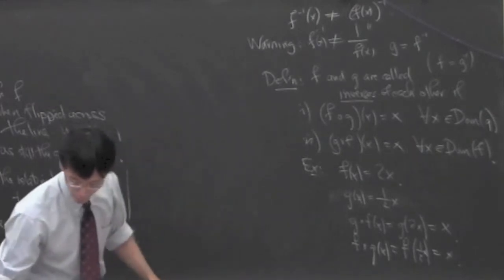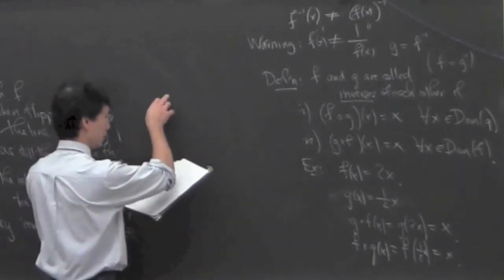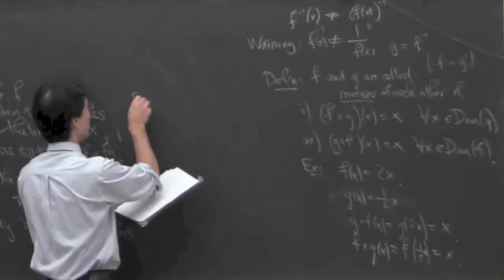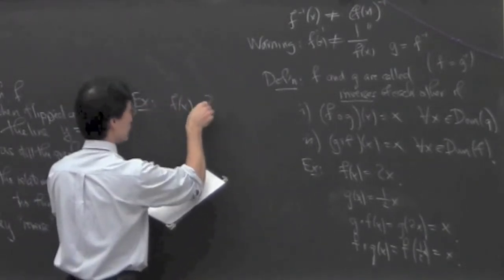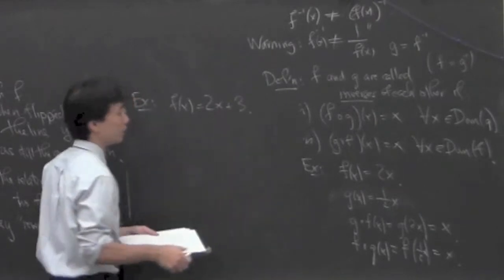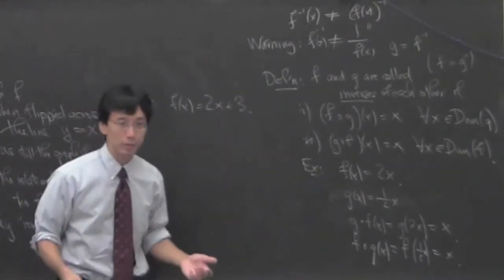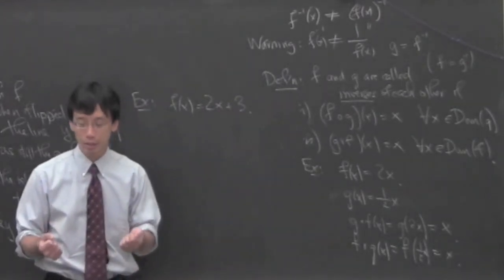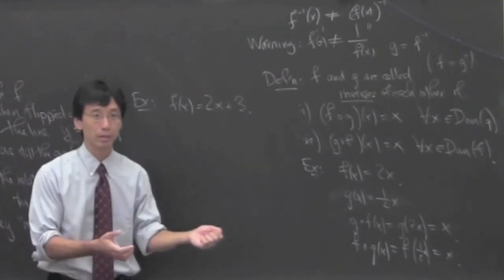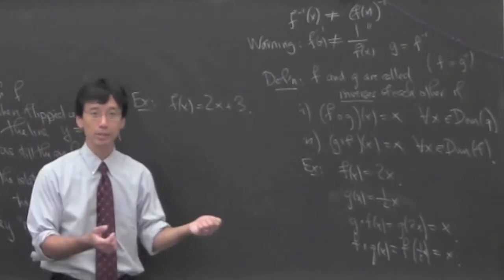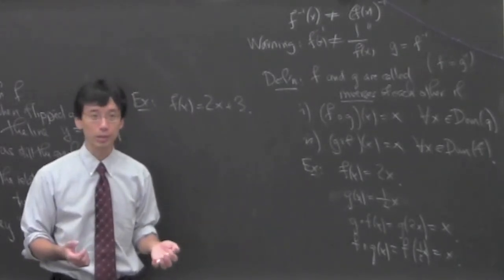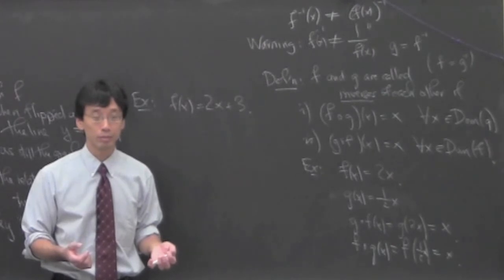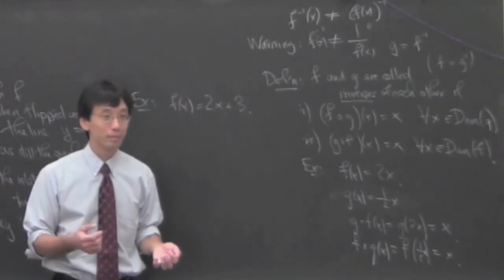Let me do a slightly more complicated example. f of x is 2x plus 3. So f is the function that takes what you give it, doubles it, and then adds on 3. So what should the inverse function do?